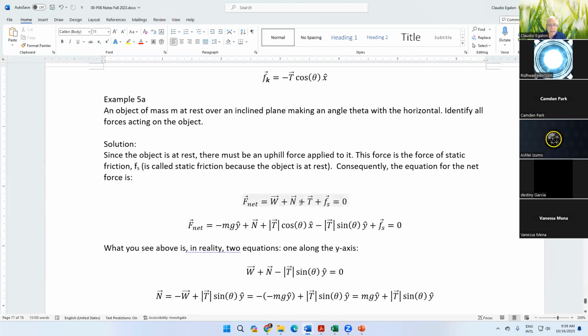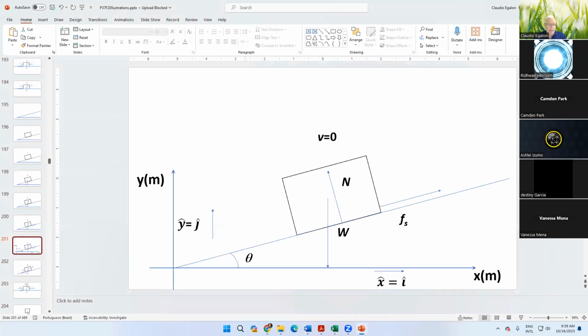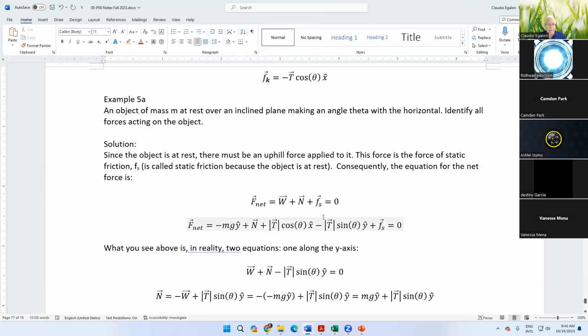In this specific case, we are going to have only three forces, okay? Because I don't have any tension applied to that object. But then you have a slightly different situation, right? Notice that I have oriented my axis anti-parallel to the weight.